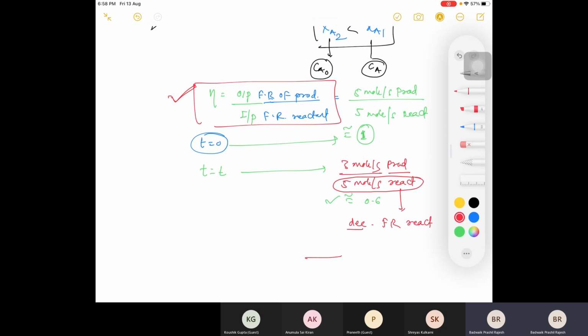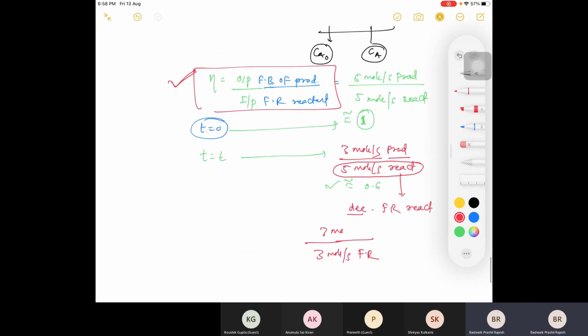So if you make 3 moles per second the inlet flow rate of reactant, because there are fewer active sites, and I'm getting 3 moles per second as outlet of product, then I have efficiency nearly equal to 1. This is just one fact in terms of the number of active sites.